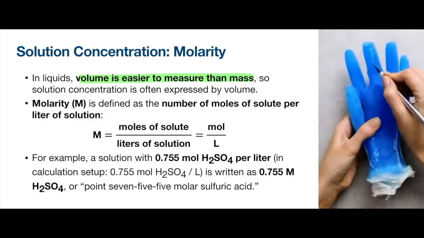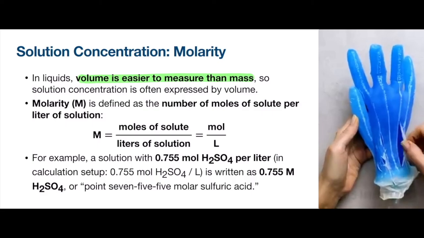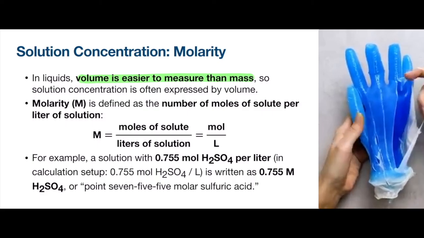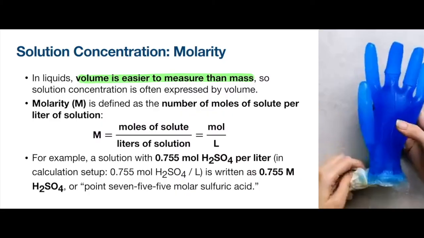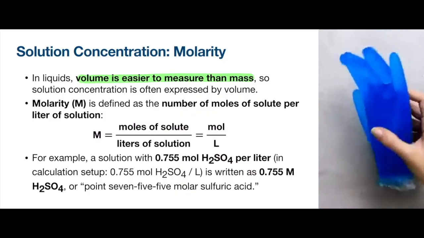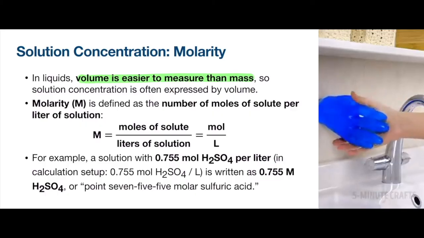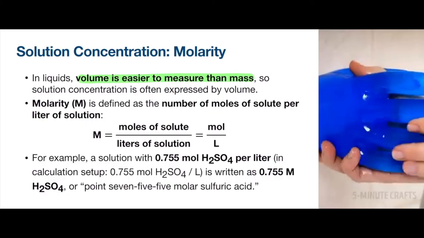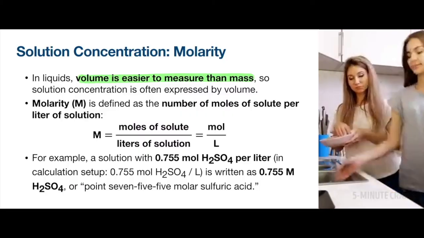So basically, when working with liquids, it is usually much easier to measure volume in liters or milliliters than mass in grams or kilograms. Because of this, chemists often describe solution concentration using volume-based units, again using liters, mL, and many more.